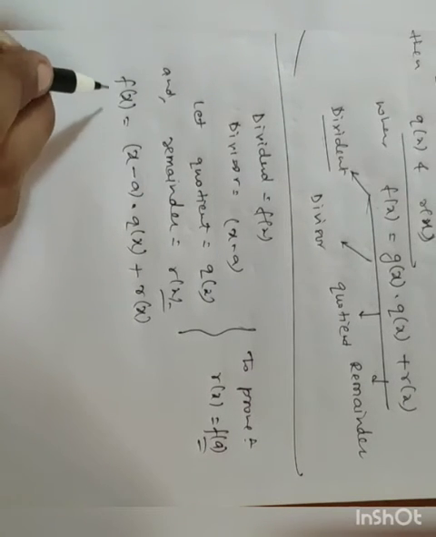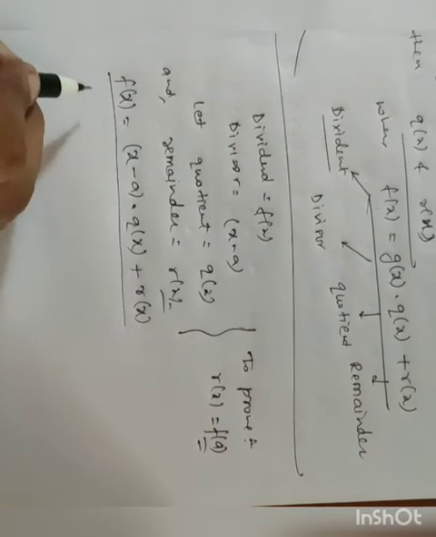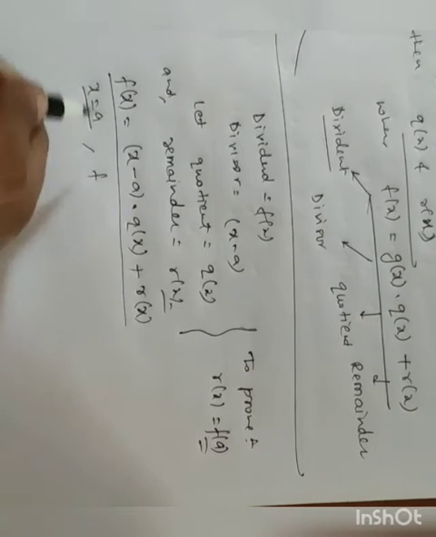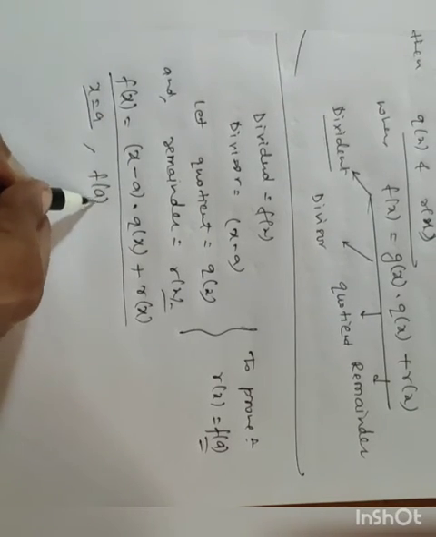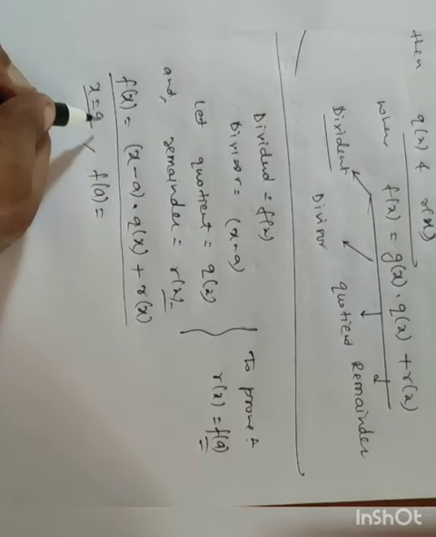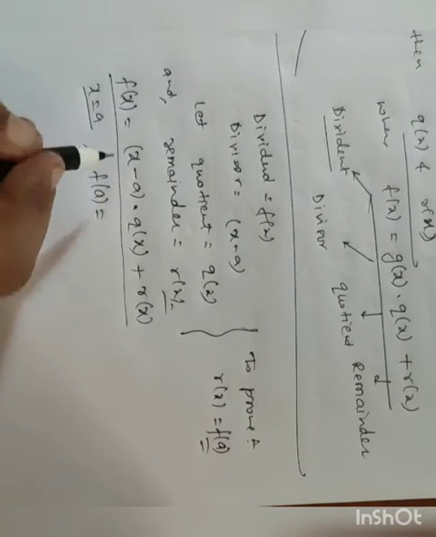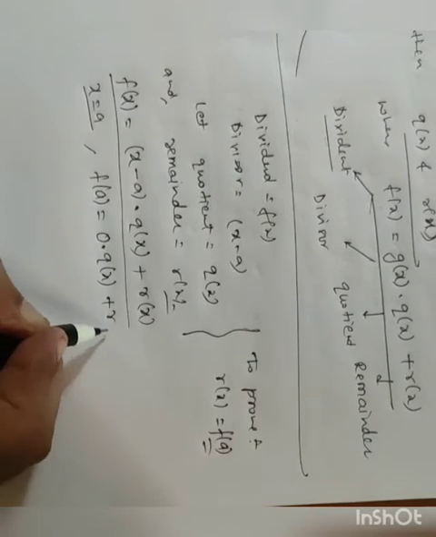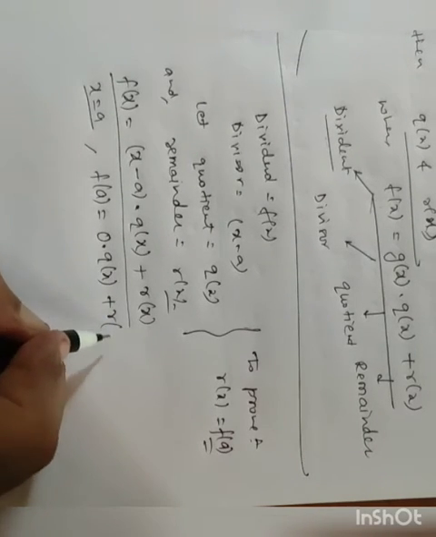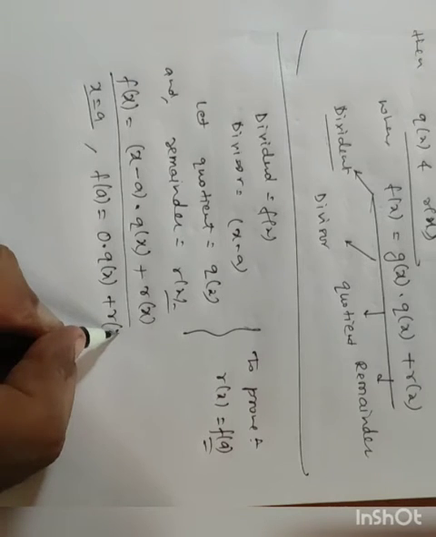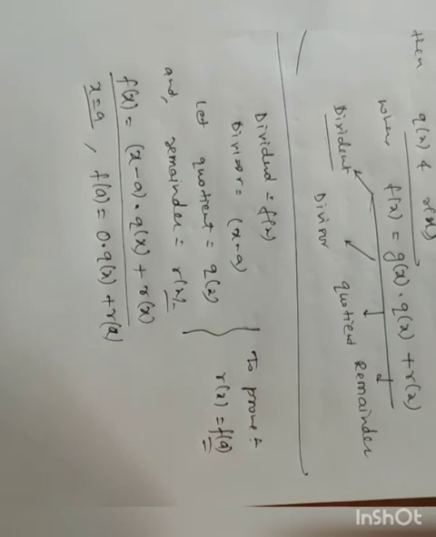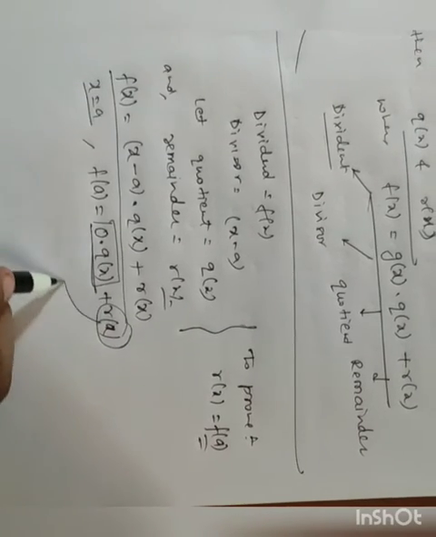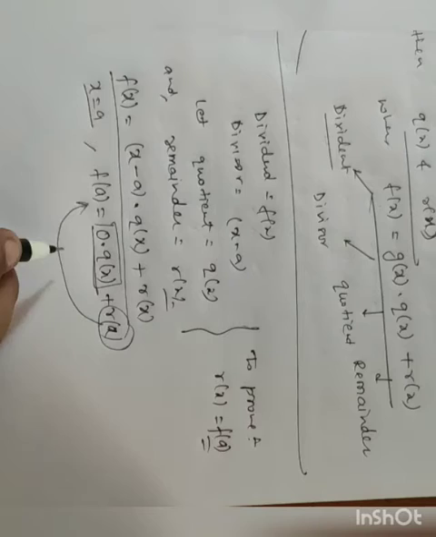Now in this expression let's put x equals a. What will we get? If we put x equals a, then f(x) equals f(a). Here, if we put x equals a, then this term will go to 0 times q(x), plus r(x). So this term will automatically be 0, and then the remainder will be equal to f(a).